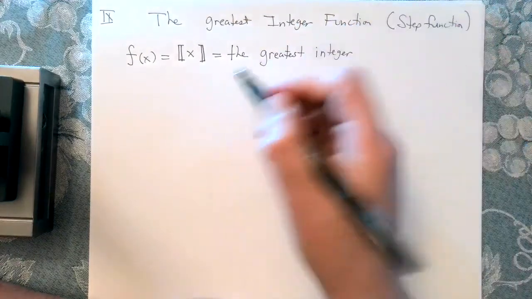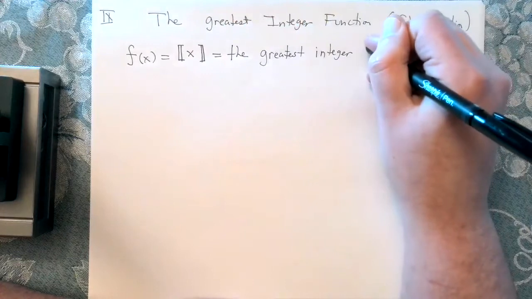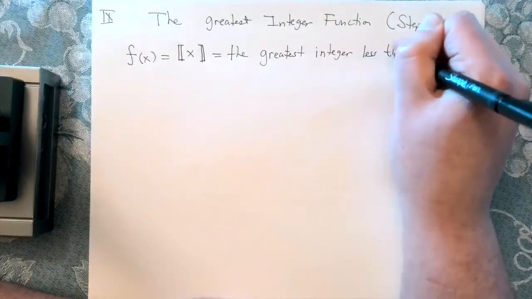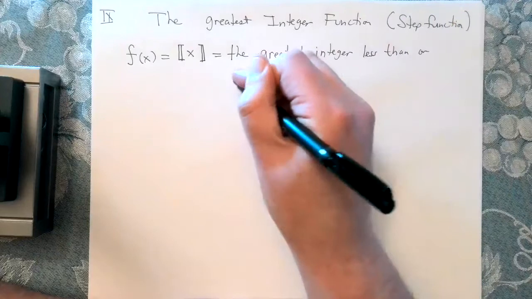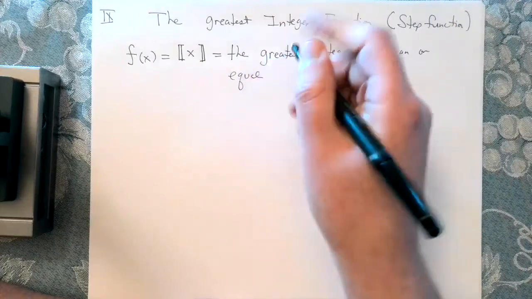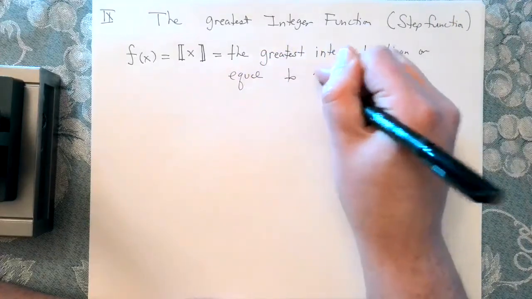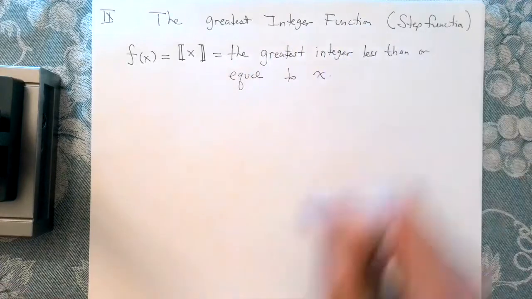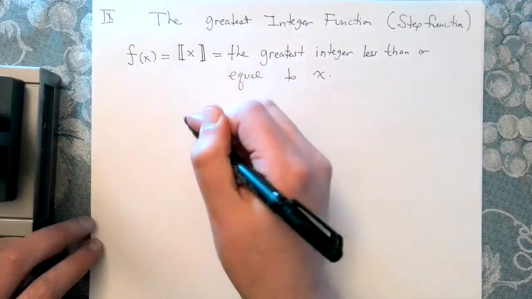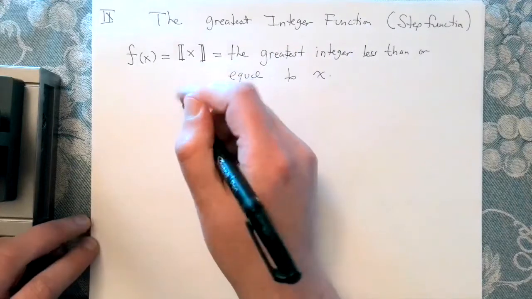So this will output the greatest integer less than or equal to x. Okay, so let's make a chart so we can sort of understand how this works.